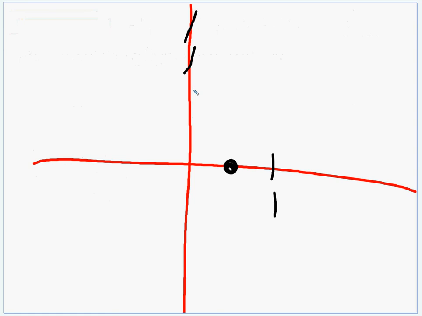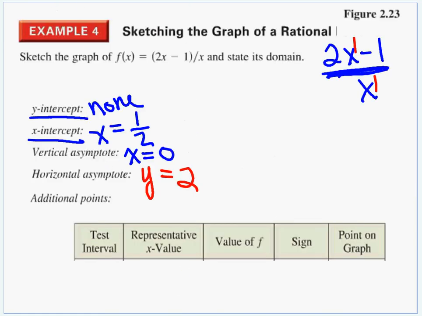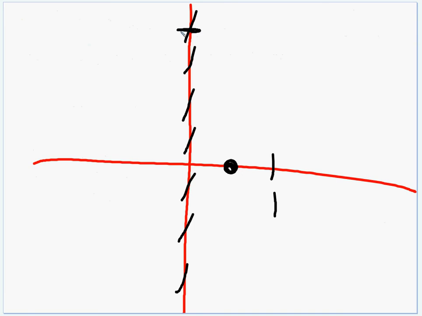So here's a vertical asymptote. Horizontal asymptote was at y equals 2. I'm going to come down here and make this 2. So that's my horizontal asymptote.